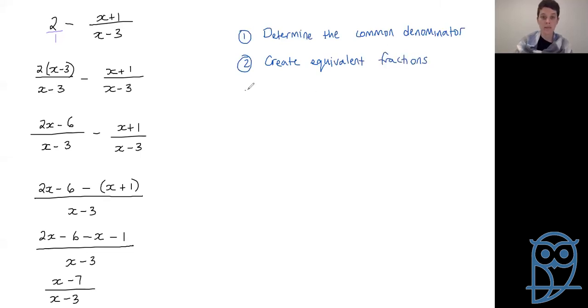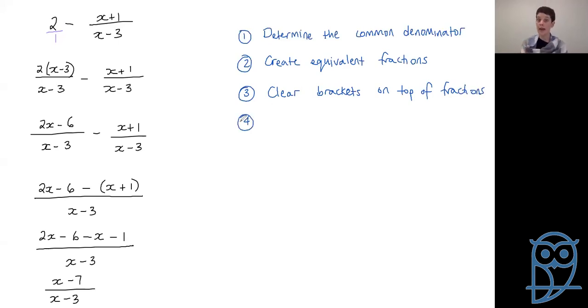Your third step is clear all the brackets on top of the fractions. Then you're going to add or subtract. You're going to combine the two fractions, putting brackets in. So combine the fractions.